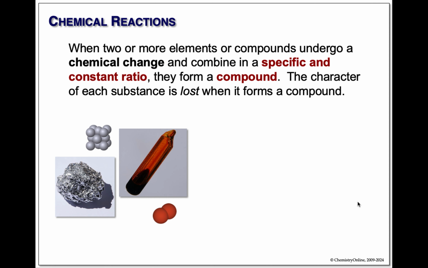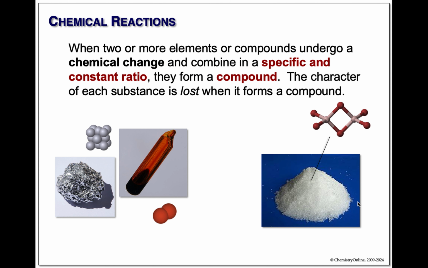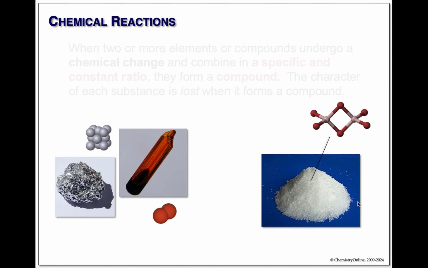All right, chemical reactions. 2 or more elements or compounds undergo a chemical change. They can form a compound. If characteristics of each of the substances is lost, and you get a new substance like this.